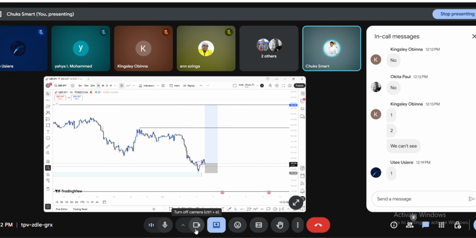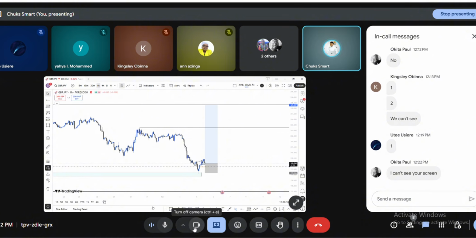You can see I'm in on a buy right now, guys. You can see my screen. My screen is showing, maybe your network, but I'm in on a buy right now, guys. I'm in. Let me drop the screenshot in the group.